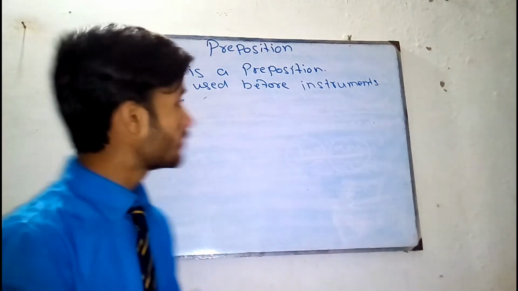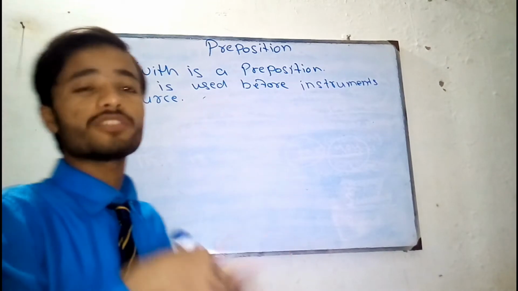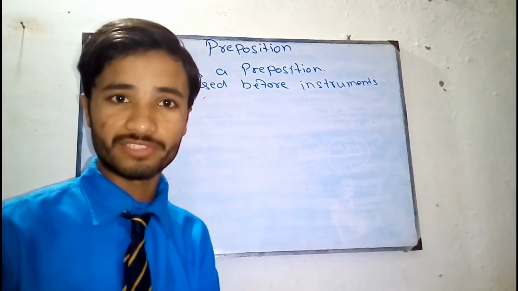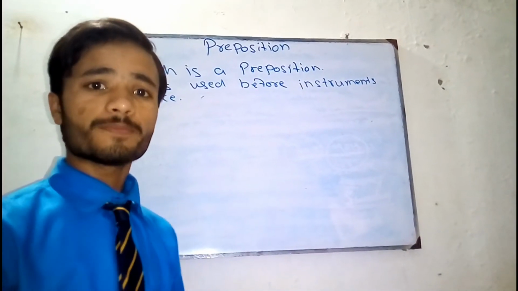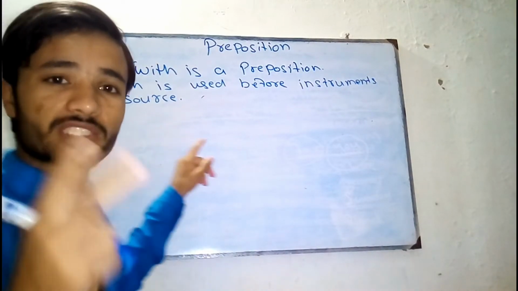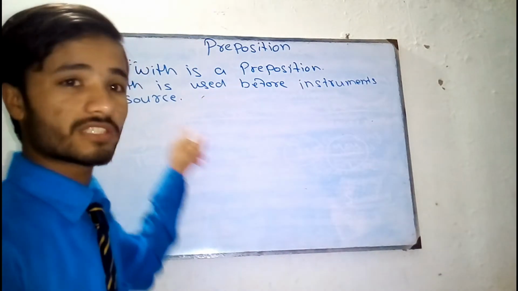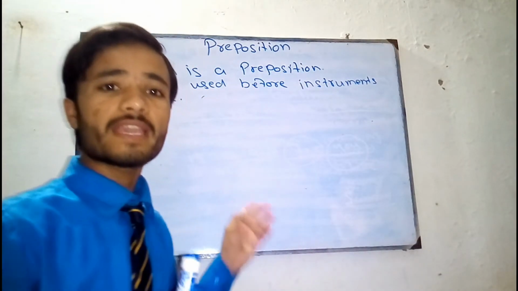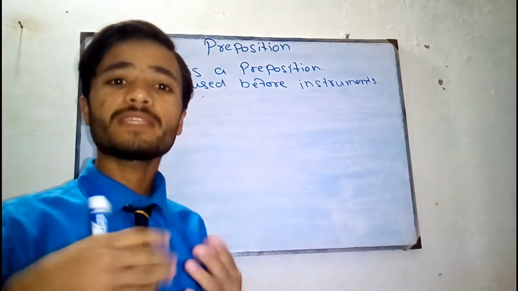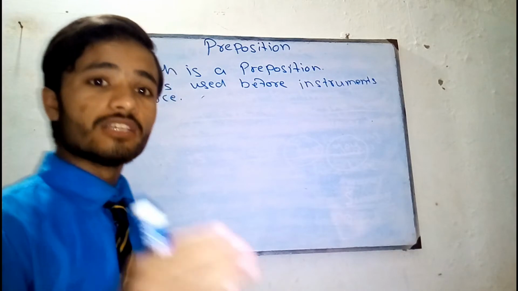Now what are installments? Installments means tools, right? So see, पहली इस्तेमालात क्या है? इसकी दो इस्तेमालात है. So the first one, see, "with" is used before installment or sources. with जो है हम installments का मतलब है साजो सामान से पहले इस्तेमाल करते हैं, ठीक है? So see the example.